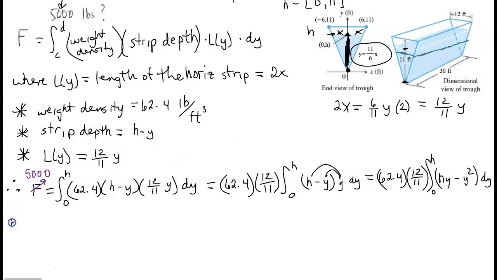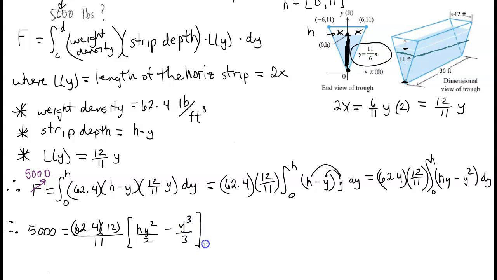And so from that means here that we got 5,000 equals, and then again, I got the 62.4 times 12, all that over 11. And now I can just take the antiderivative of the integrand here. And so that's going to be h times y squared over 2 minus y cubed over 3. And we evaluate that from 0 to h.